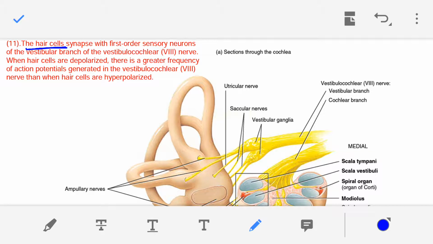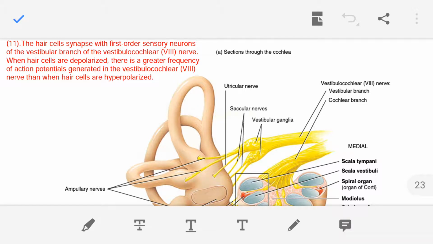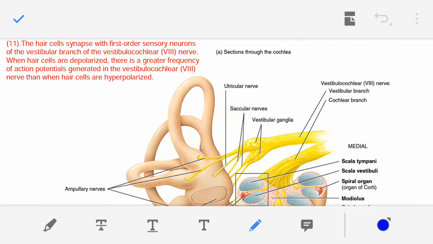As we have seen in the previous figure, the hair cell synapses with the yellow color cell, the first order sensory neuron, and this sensory neuron and efferent neuron form the vestibular branch of the vestibulocochlear nerve. So you can see the vestibulocochlear nerve having two branches. This branch is the vestibular branch, and this branch is the cochlear branch.